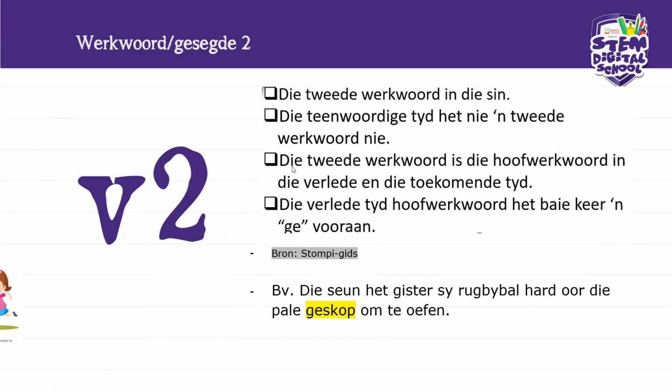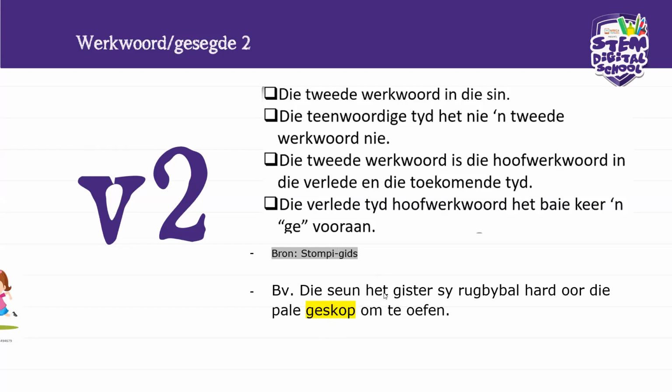That's what they're saying here. Die tweede werkwoord is die hoofwerkwoord in die verlede en toekomende tyd. Now you see, I said to you earlier, because this is a verb that is in the past tense, because we can see the ge, then it would be the second verb, the main verb, and then you'll see the verb 1 there, the het.